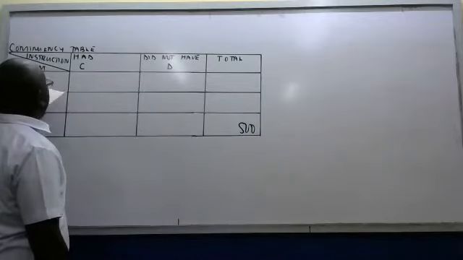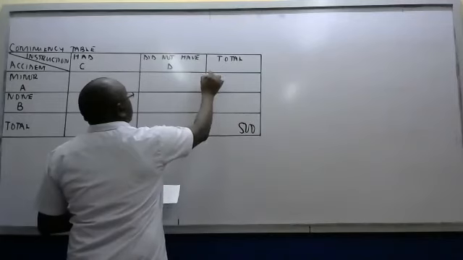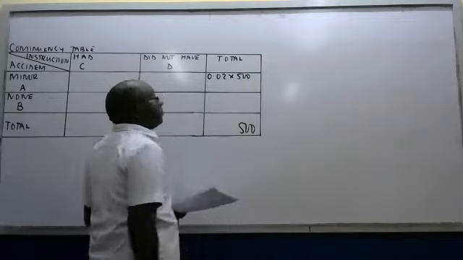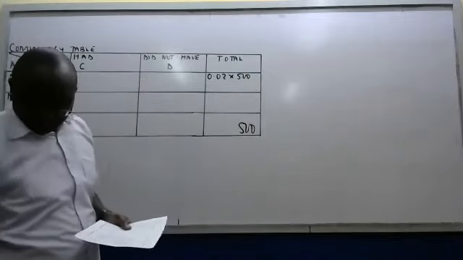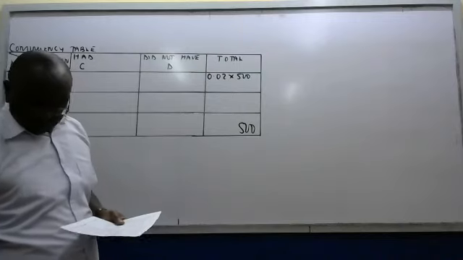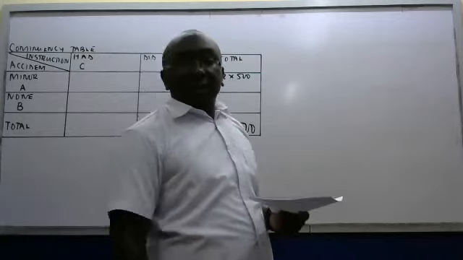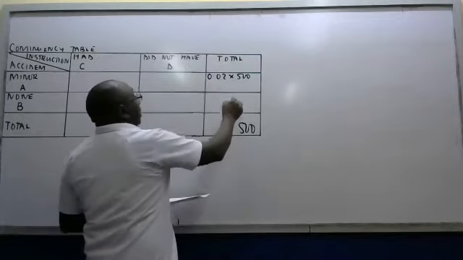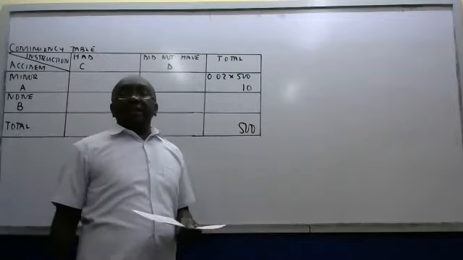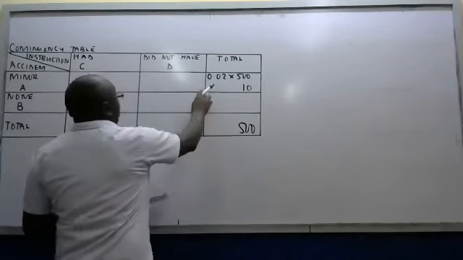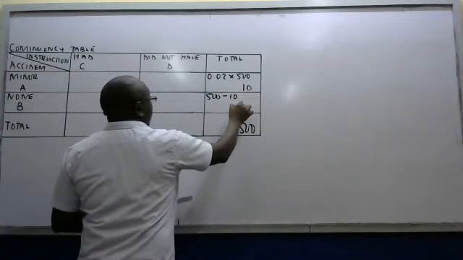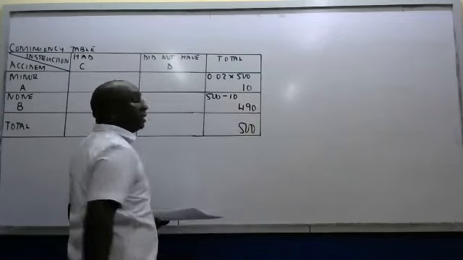So it is 0.02 times 500. What is the answer? 10. So there were 10. When you know it is 10 there, this one should then be 500 minus 10, and the answer is 490.